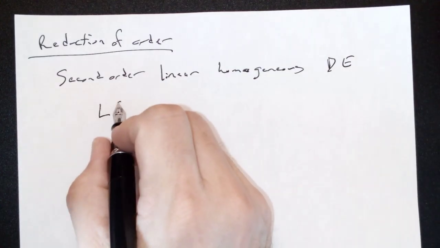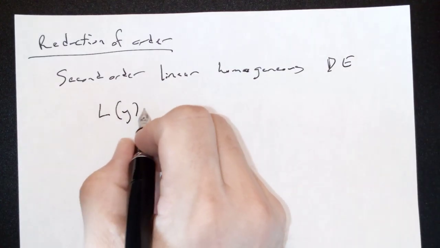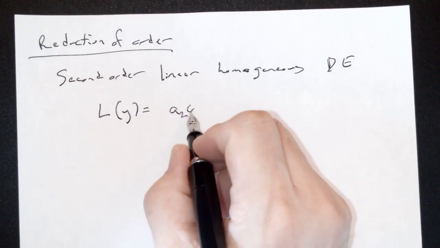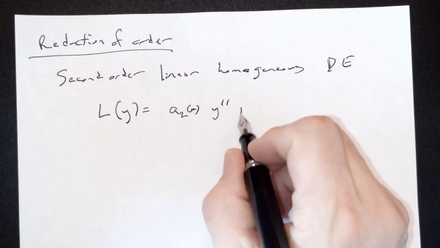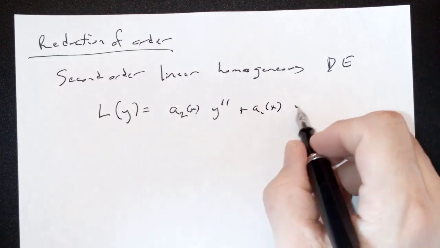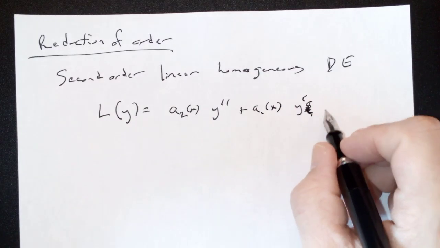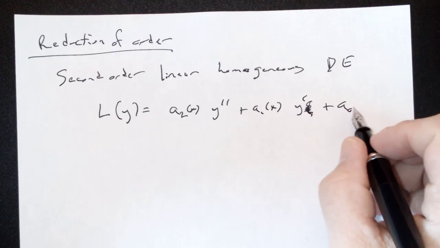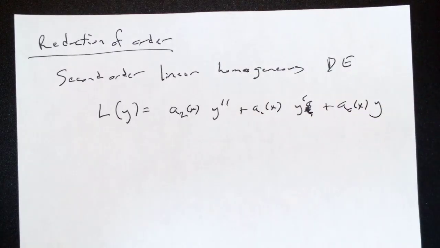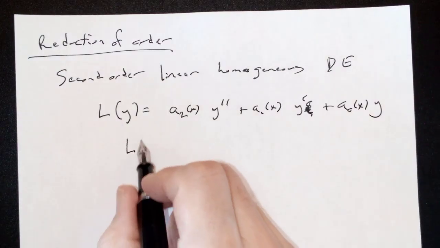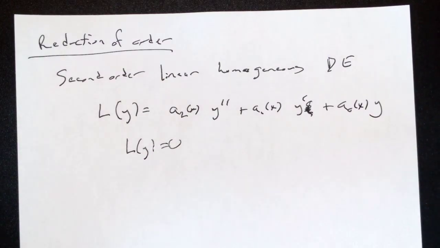So that's L of y equals A2 of x, y double prime, plus A1 of x, y prime, plus A0 of x, y. And I'm working with L of y equals 0. That's what the homogeneous part means. I need to find the functions that form a fundamental set.